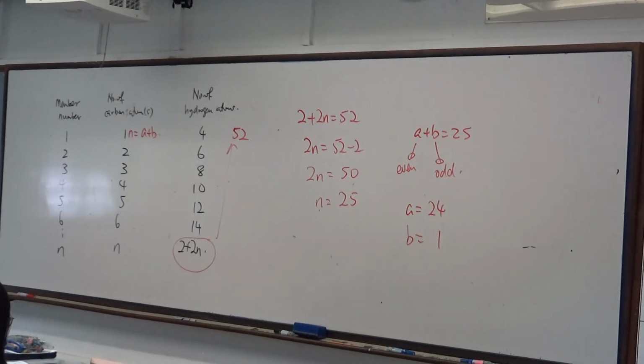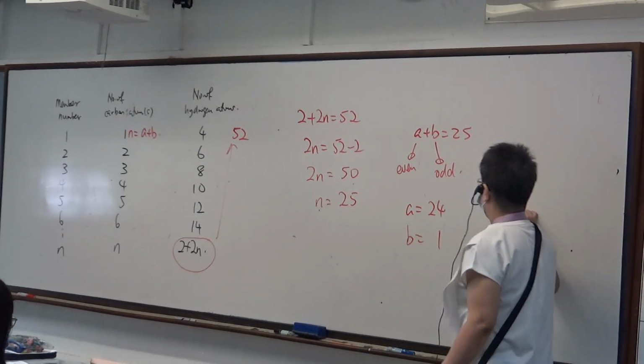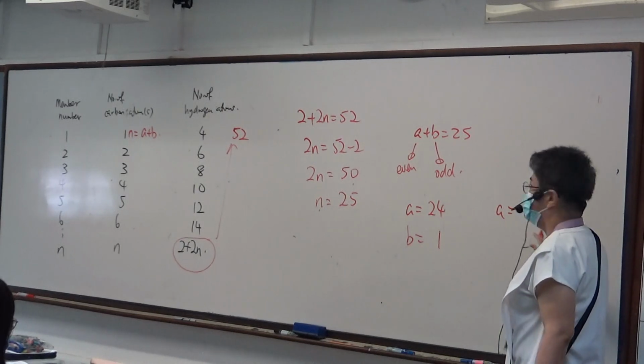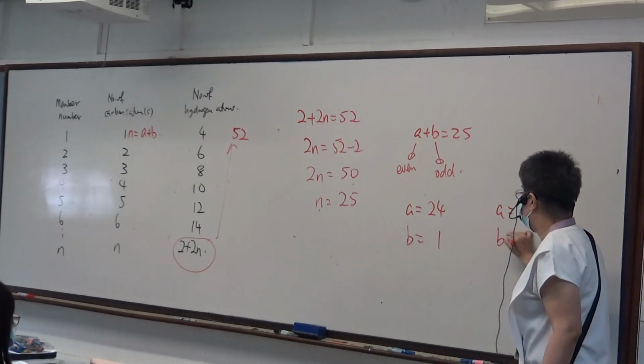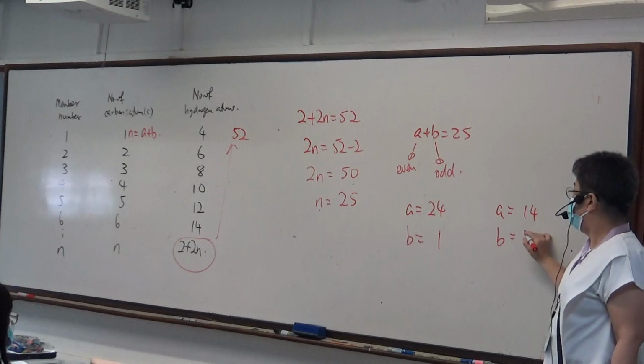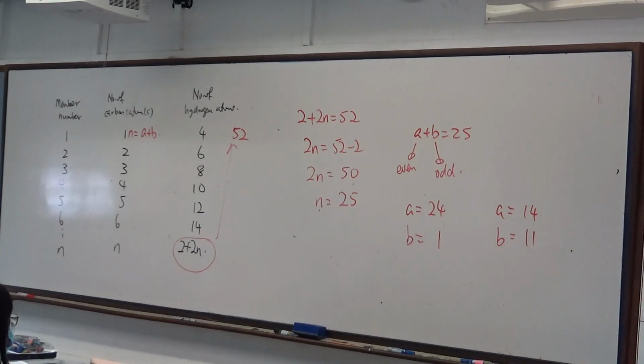What about another set? Can I have 14? Then what's my B? 11. Can you all see what I'm talking about? So there are different sets. As long as you fulfill the criteria, you are fine. Yes or no class? Okay, so that's how we answer the question. Are we all clear?